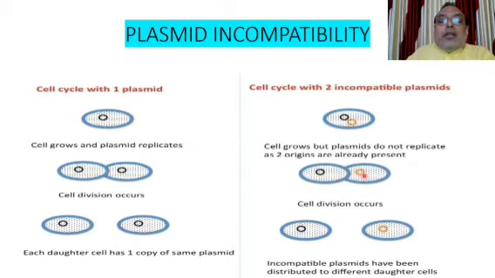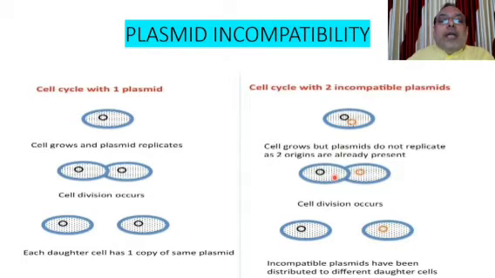That's why the two remain unreplicated, and they are distributed into one of the two daughter cells. That is, they are not kept together. So they have become incompatible. They could not exist together because of their replication strategy, their replication site, their ori, which confused the cell.